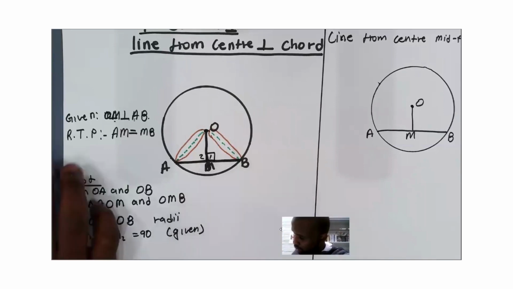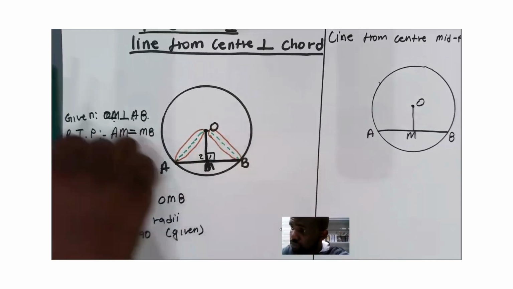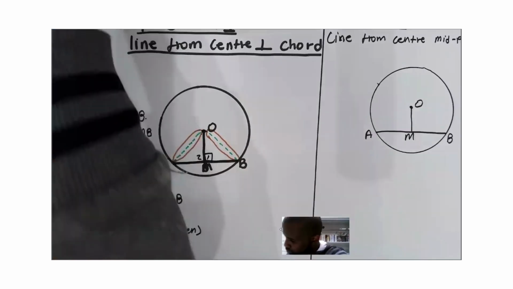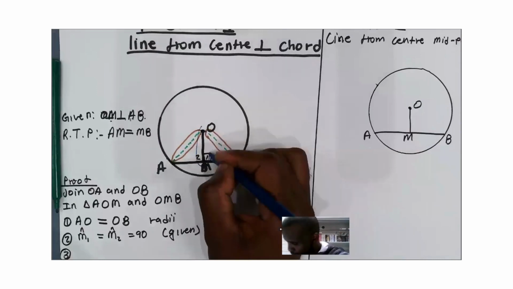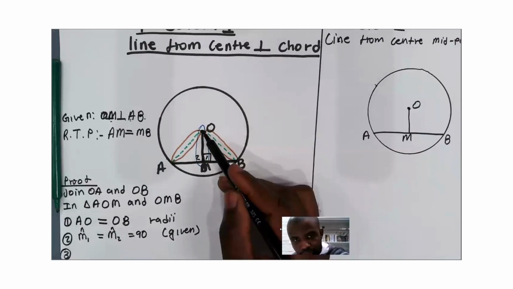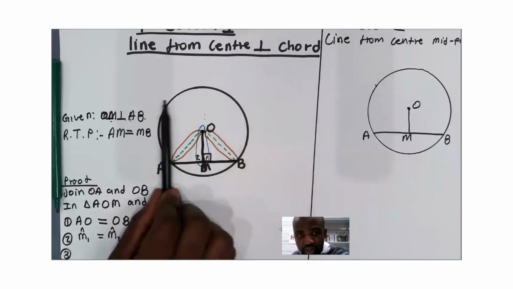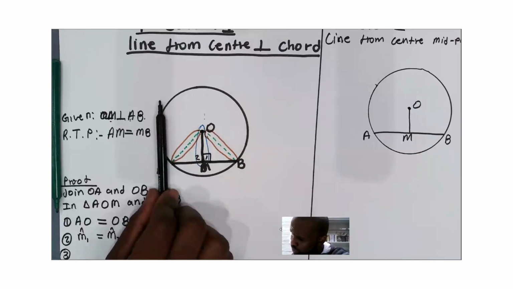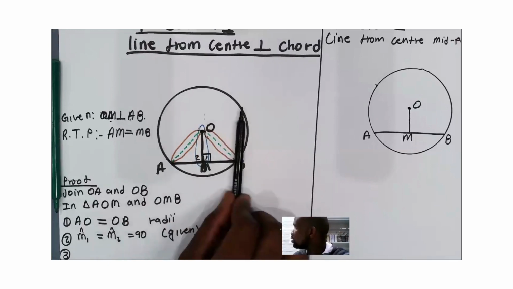Then we start here. I hope you're gonna see this one. Lo OM ukhona kule triangle engapha, and also this OM we find it in this triangle on this side.